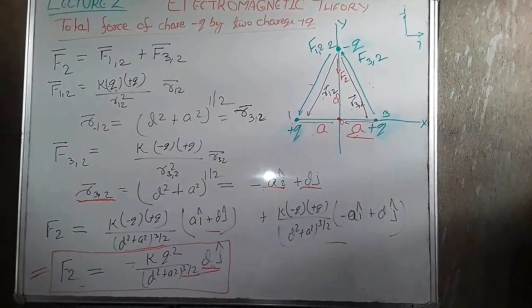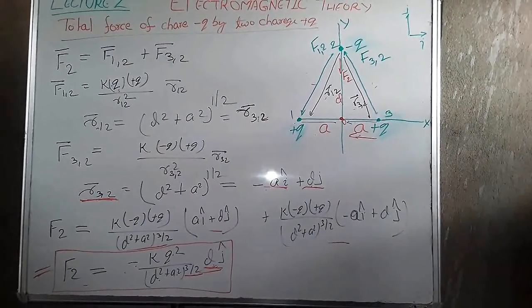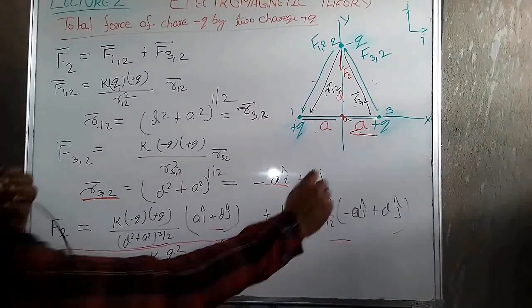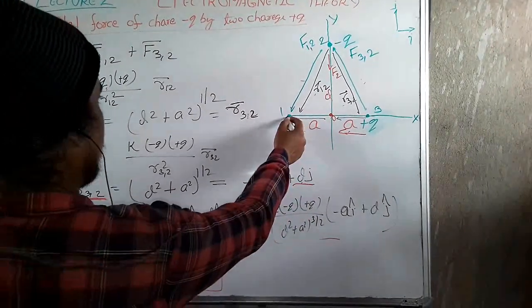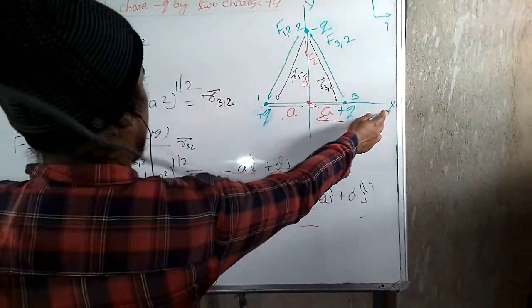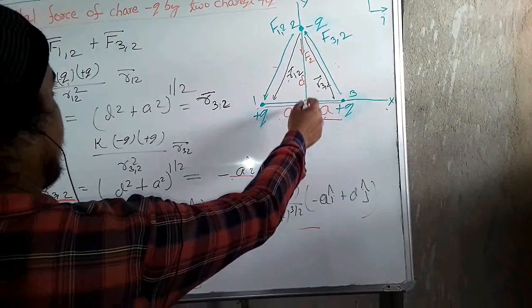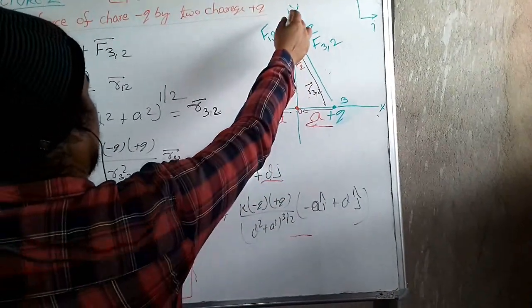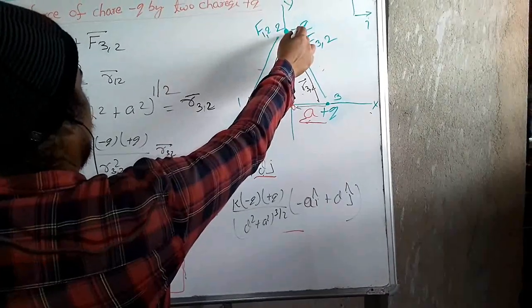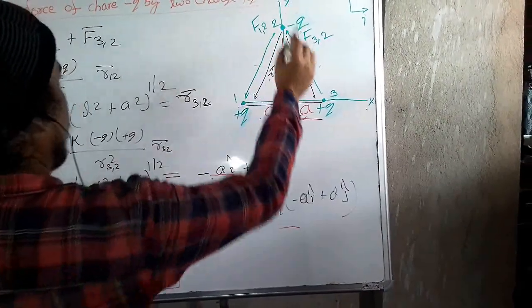So first we will make an x and y coordinate. The line going from plus Q to plus Q we will take as the x direction, and the line going to the minus Q we will take as the y direction.